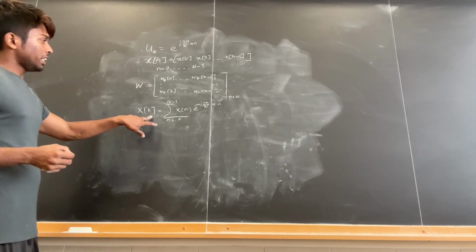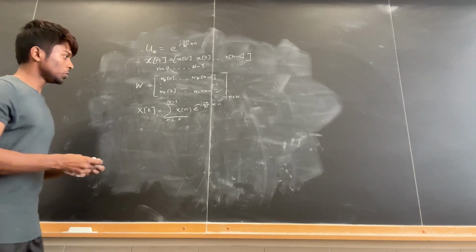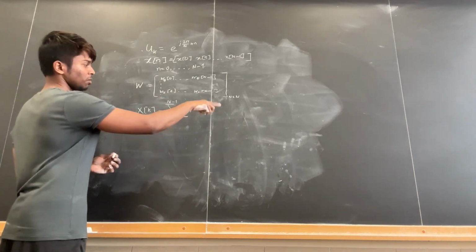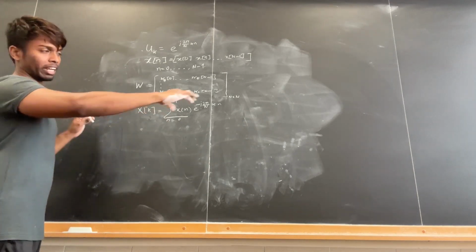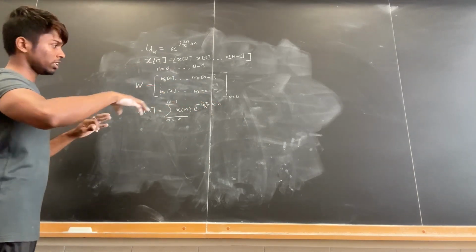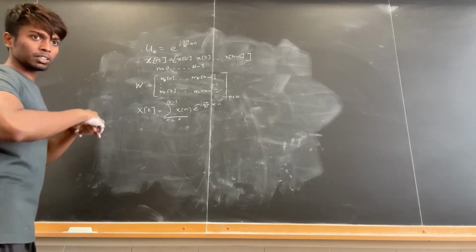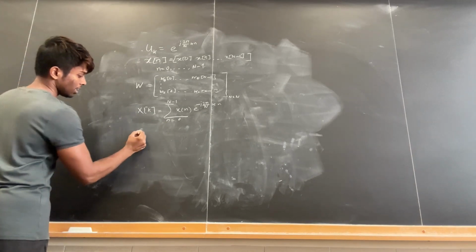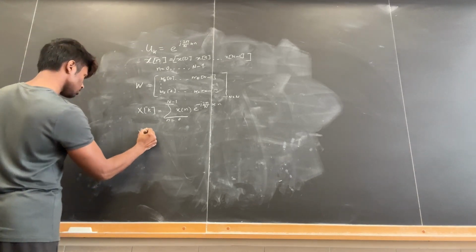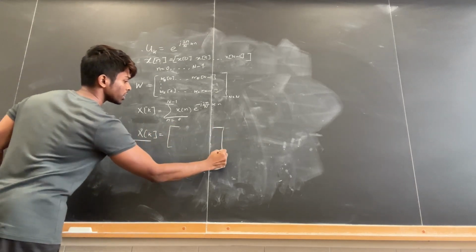So these are different at specific k. So at k is equal to 0, this is the running sum over this, and this gives some value. So this gives some vector. So at k is equal to 1, this gives another vector. At k is equal to N minus 1, this gives another vector. So as a whole, this discrete Fourier transform x[k] is also a vector of N cross N.